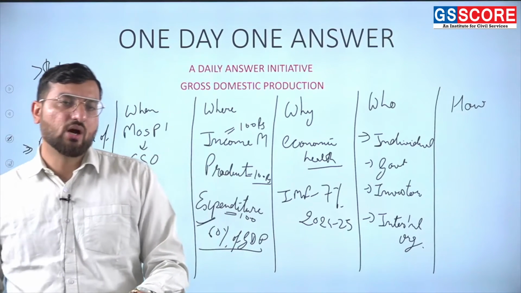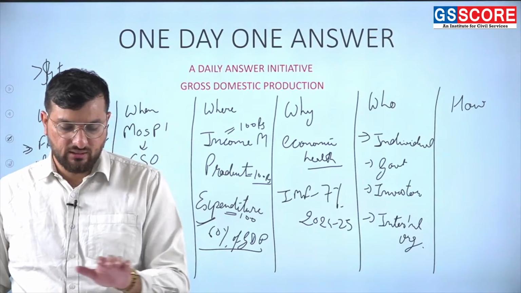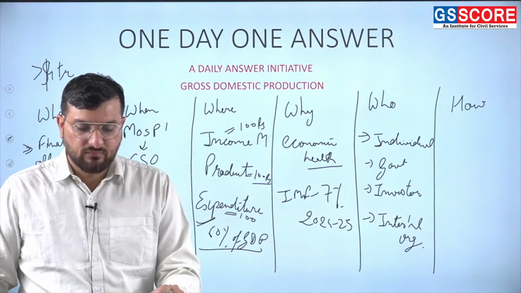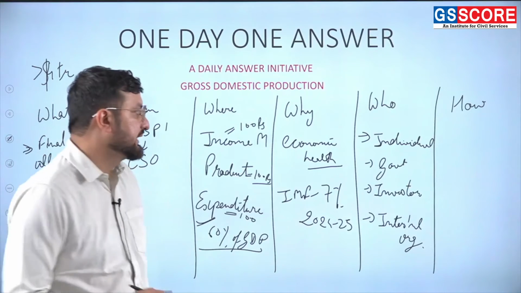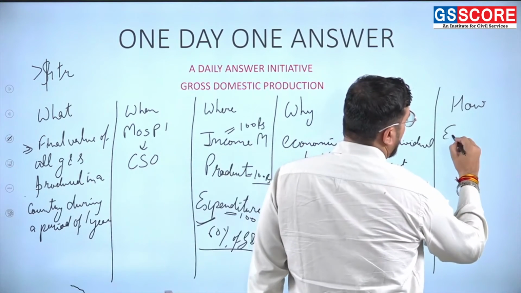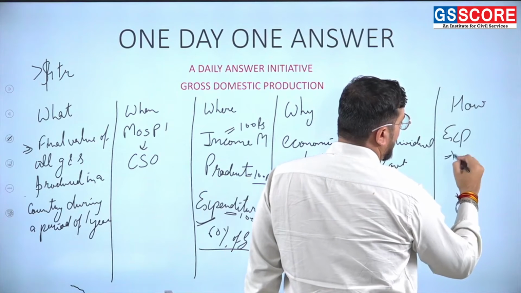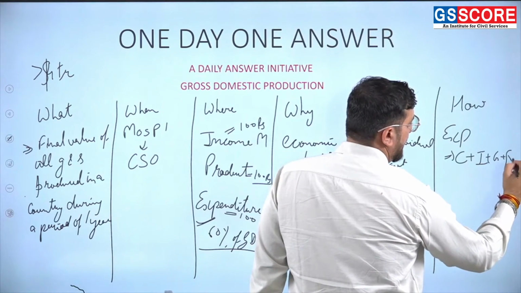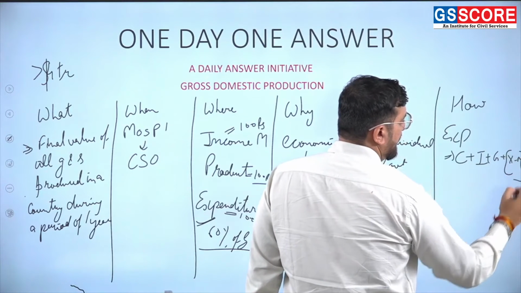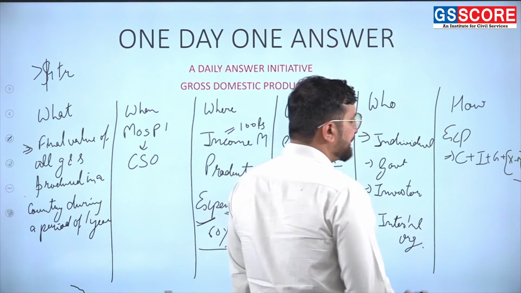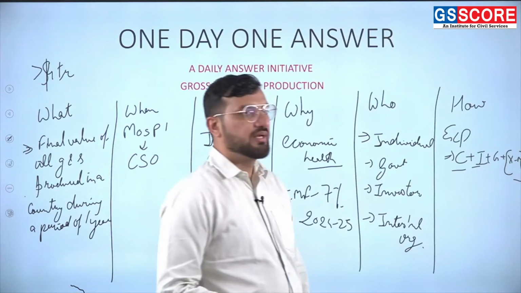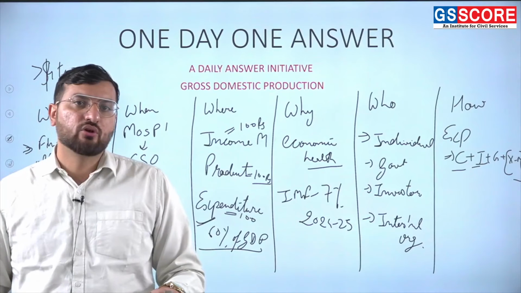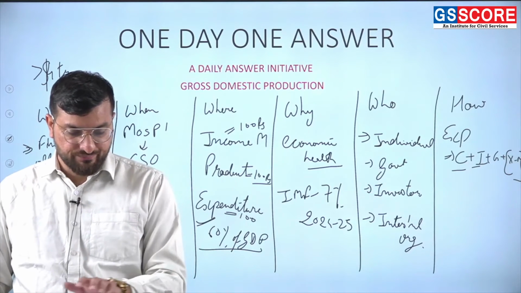Our next question, how is this GDP calculated and what are the factors that are considered for its calculations? Right now, we are using the expenditure method and the formula for that is C plus I plus G plus X minus M. C is your consumption of consumers, I is investment, G is government expenditure, X is your exports and M are your imports.